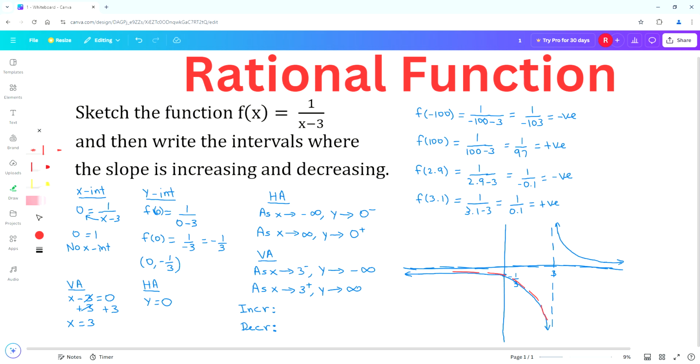And these tangent lines are becoming steeper as we go from left to right. So that means the slope is decreasing from negative infinity to 3. We can also write this interval as.